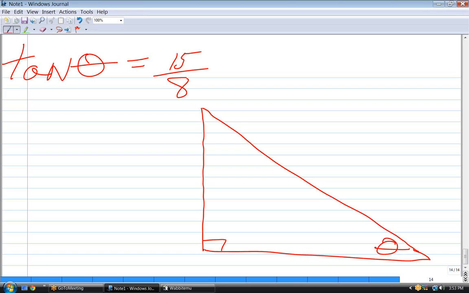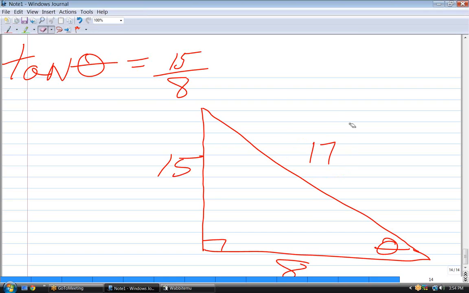Now label that triangle. The side opposite would be 15, the side down here would be 8, and the hypotenuse would be the square root of 15 squared plus 8 squared, which is 17.